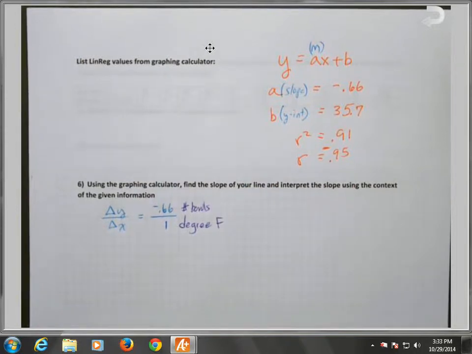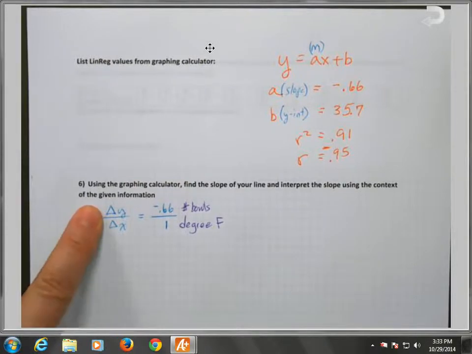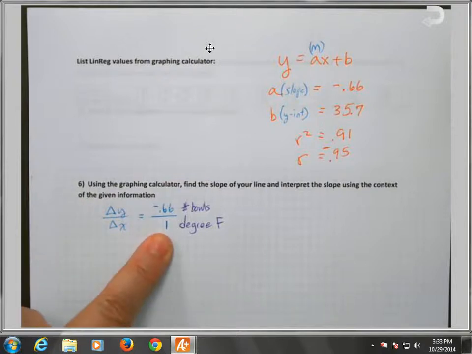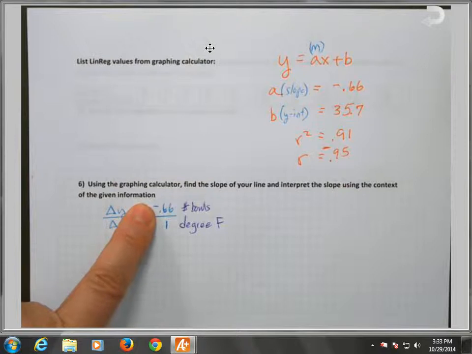Okay, so now we have the context. So let's see what's going on here. What this is saying, that we have the change in y over the change in x. So for every 1 degree of temperature, the number of bowls of oatmeal is decreasing, with the negative sign there, by almost 1 bowl, or 0.66 bowls of oatmeal.